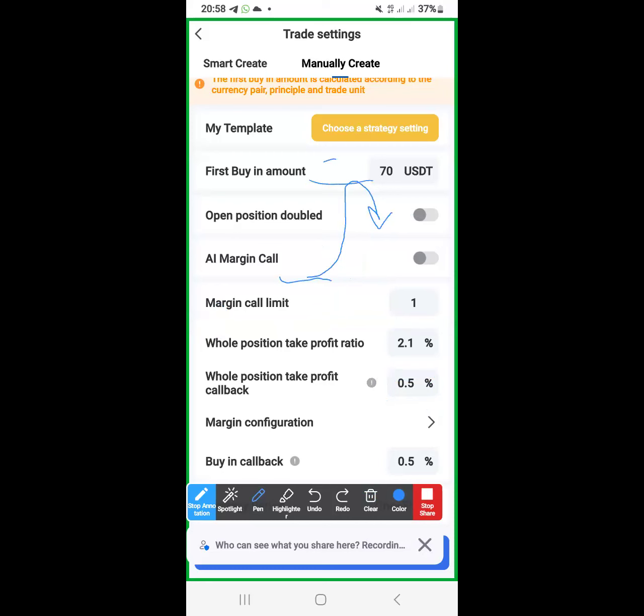This is 2.1, right? Now, if the drop is by 0.5, the robot is going to sell minus the 0.5. So you're going to have 2.1 minus 0.5, which would be about 1.6%. So the robot in this case will give you 1.6% instead of 2.1.